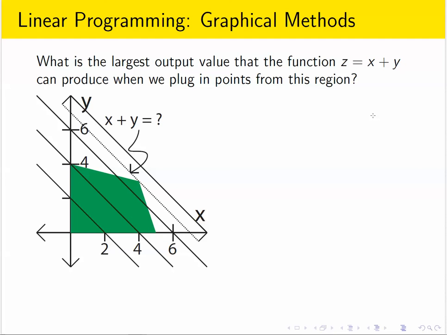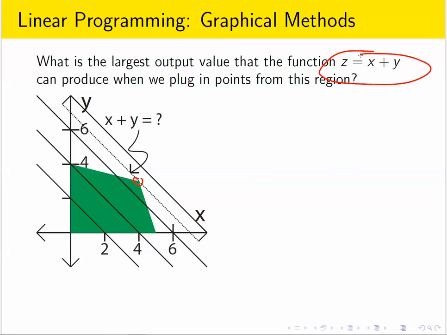In order to decide what that value is, let's imagine another one of these lines. It'll be parallel to the lines we've already drawn, but it will be the last line we can draw this way that actually touches the green region. So we can see from this figure that it's going to touch at just this one corner.